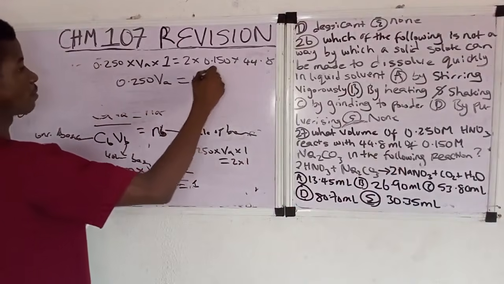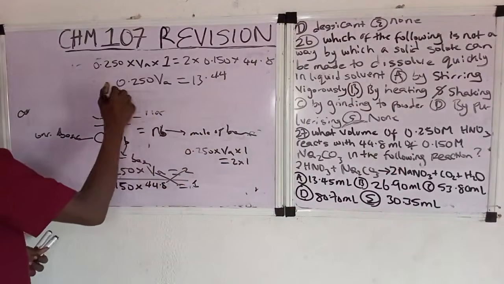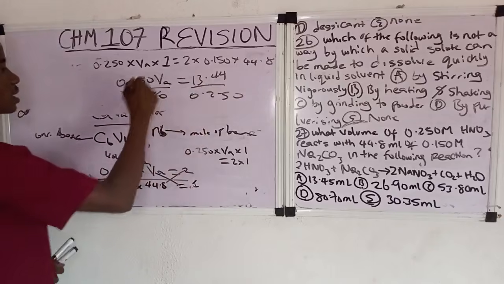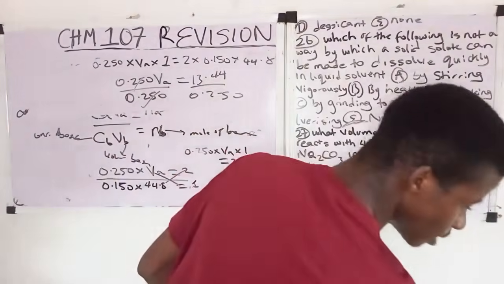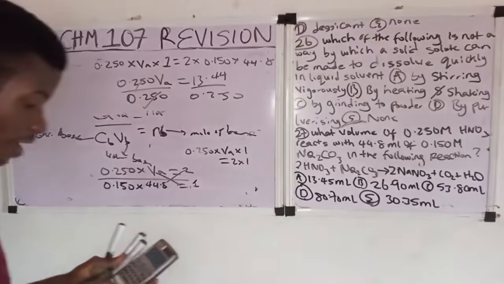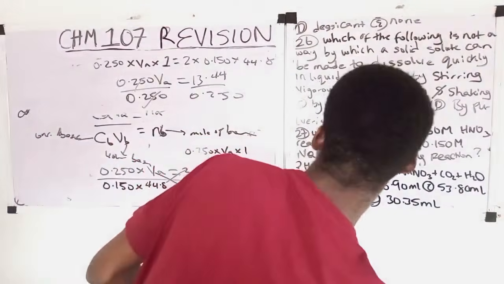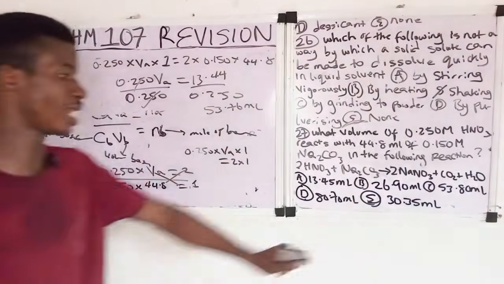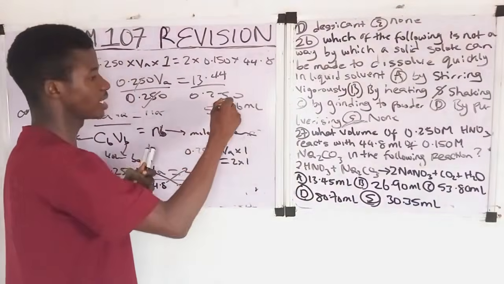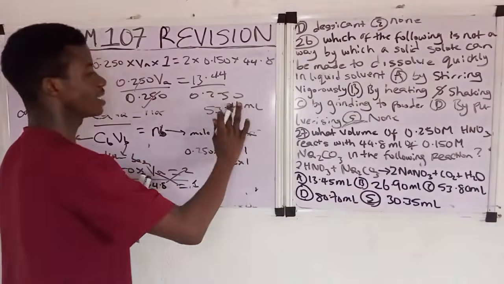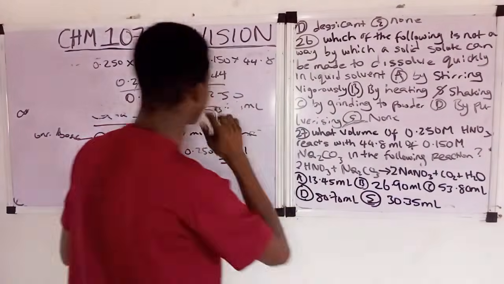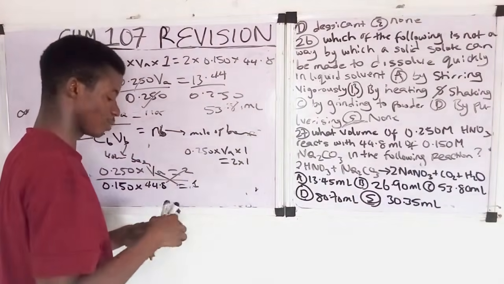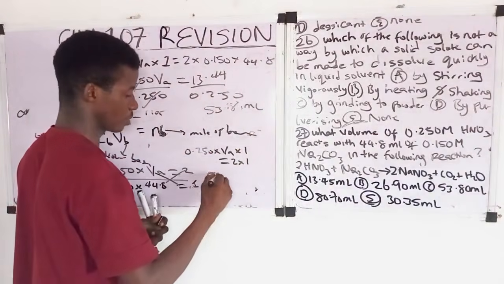Then what I'm going to do next, since we're looking for the volume of the acid, is divide both sides by 0.250, so this cancels. 13.44 divided by 0.250 will give us 53.76 ml.